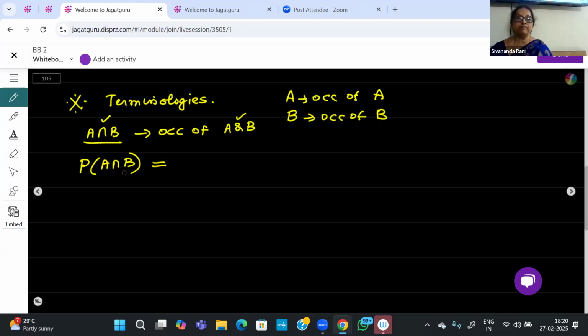Suppose this probability is asked where A and B are any two events. I simply don't know the nature of the events A and B, whatsoever. In that case, how do I express P of A intersection B? What comes to your mind immediately? So, P of A plus P of B minus P of A union B. Very good.